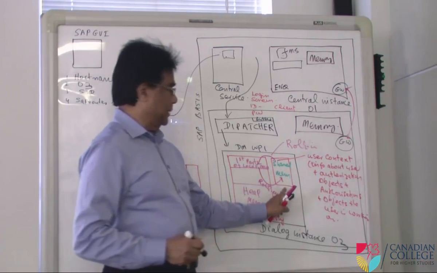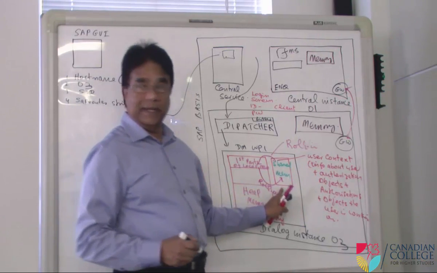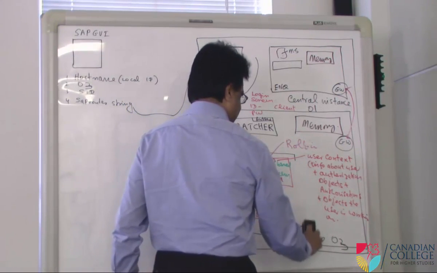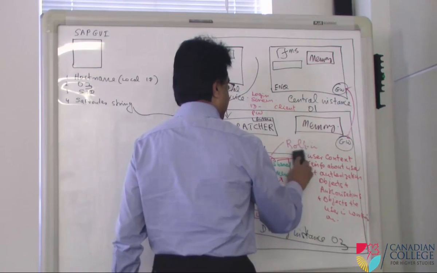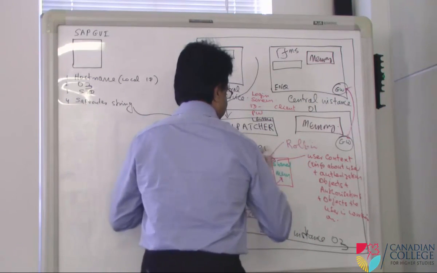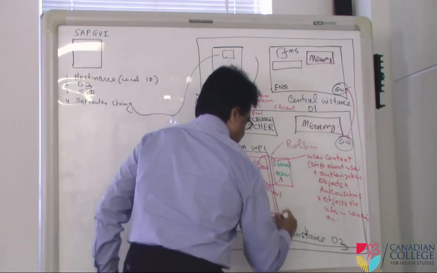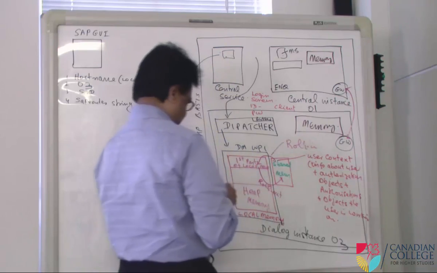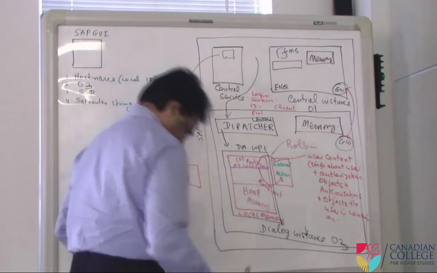Yeah, I accidentally drew it inside the work process. I made a mistake, so let me draw it outside. That's why I think you're confused, right? Yeah, that's right, sorry about it. So I will draw it outside. Okay, this shared memory is part of the memory, right?